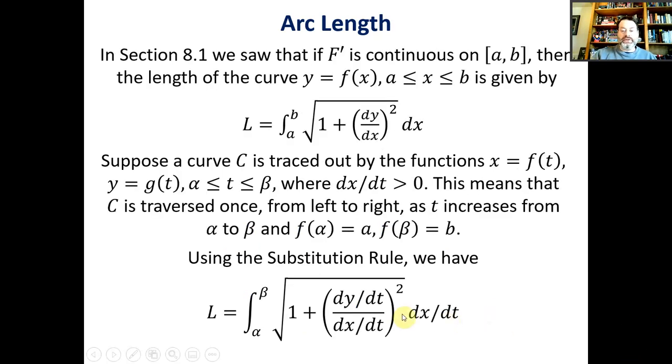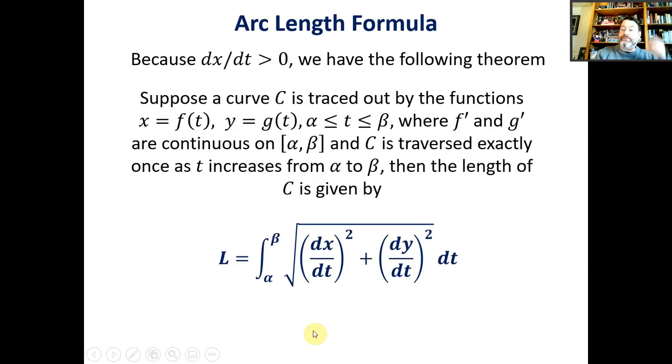If you distribute this inside the radical, it cancels this, and then it squares. So this arc length formula is actually easier here in chapter 10 than it was in chapter 8. It's just the individual derivatives squared. Take the square root.